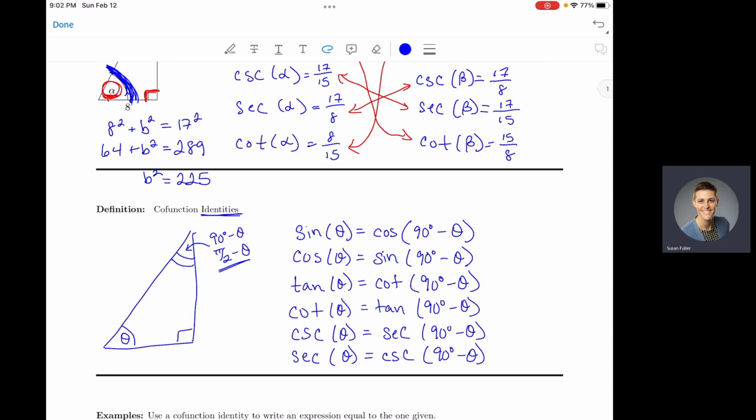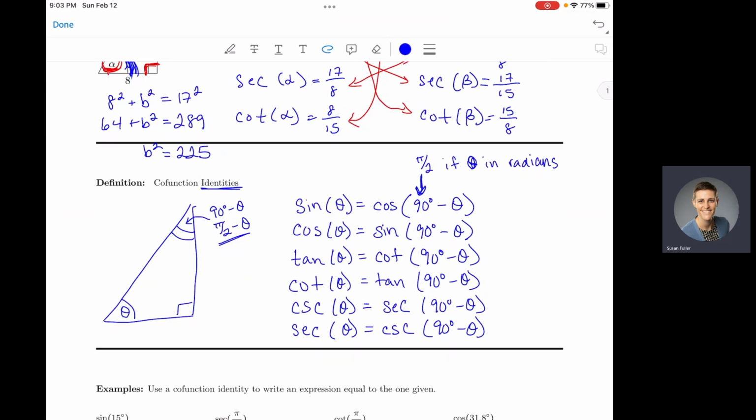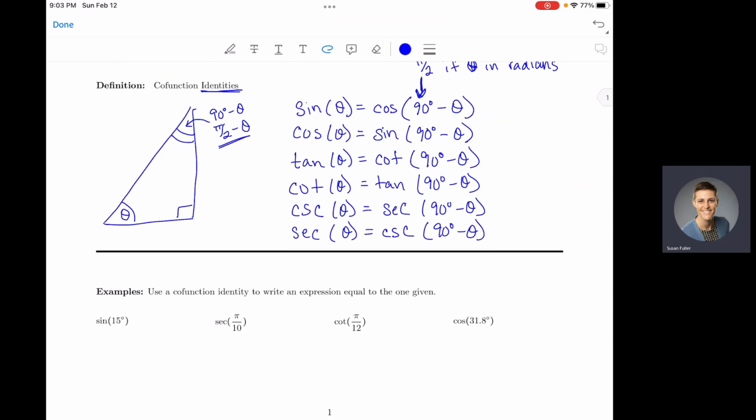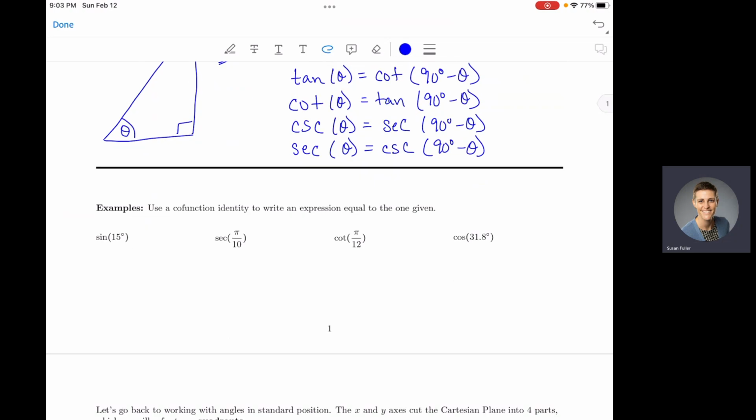This is what you would use if theta is measured in degrees. If theta is measured in radians, you're just going to change all of these 90 degrees to pi over 2. That's really the big thing that's going to change here. Okay, so these are called cofunction identities again, or sometimes complement identities.